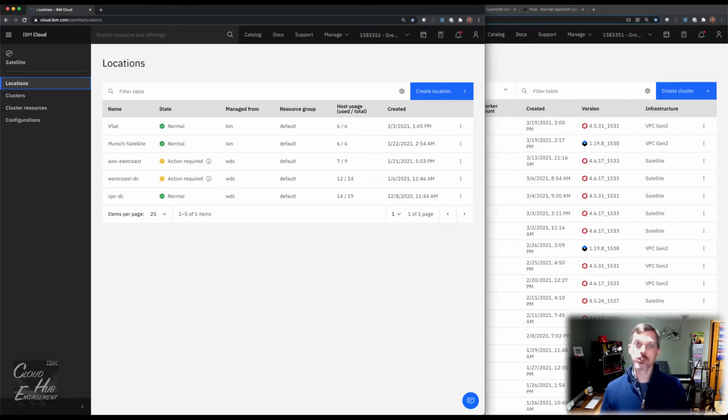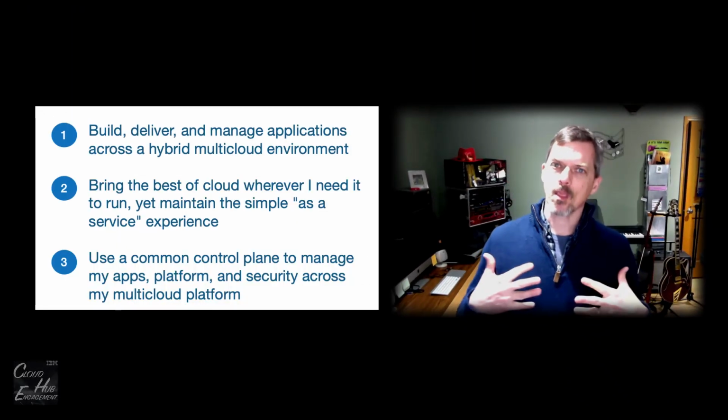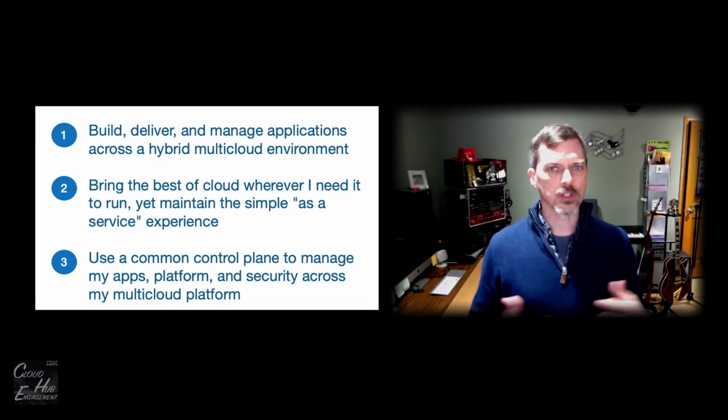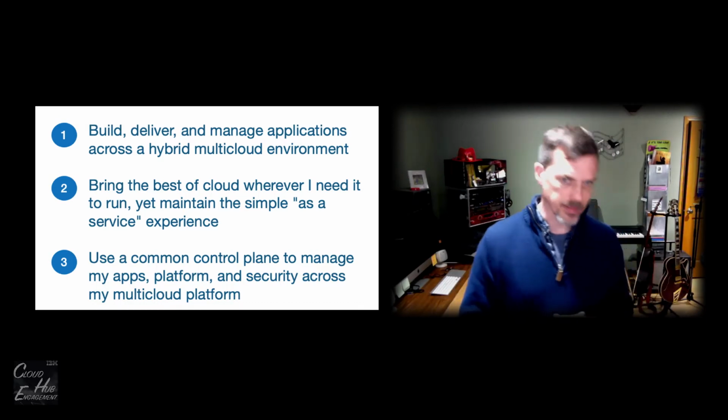And what we're going to do today is part 2 of the journey to a distributed cloud. Last time, if you recall, we talked about 3 main outcomes. The first one is clients want to build, deliver, and manage applications across a hybrid multi-cloud environment.